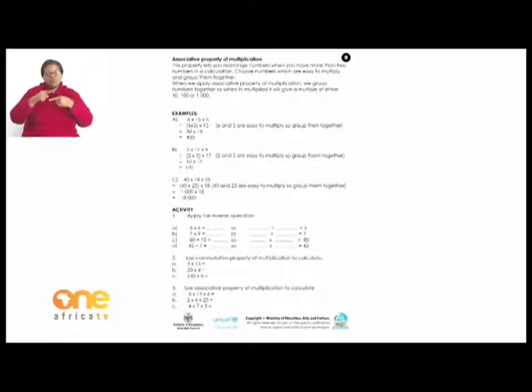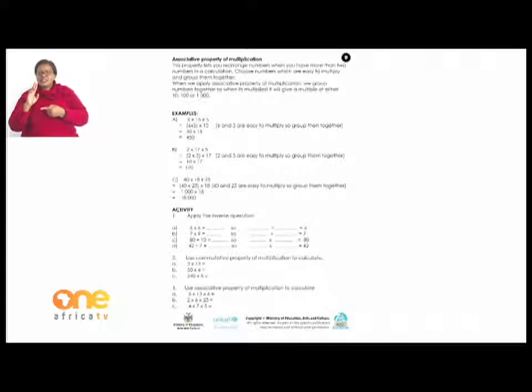What does the activity say? Number 1, apply inverse operations, whereby in A, we have 5 times 6. So, what will be the answer with division, which will give us 5? B, 7 times 9. What is our answer?